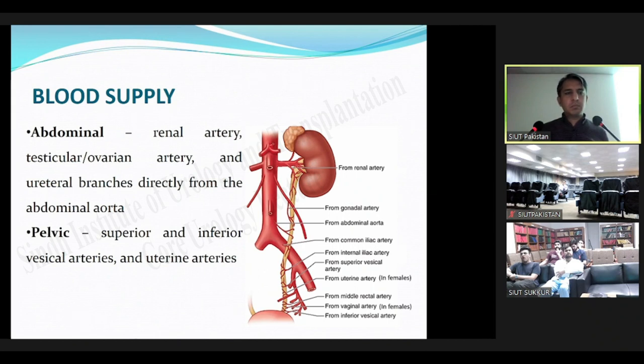Can anybody tell me about the layers of the ureter from inside out? Transitional epithelium and lamina propria; they both collectively form the mucosa of the ureter. Outside there is the muscular layer, longitudinal and circular. And then comes the adventitia.